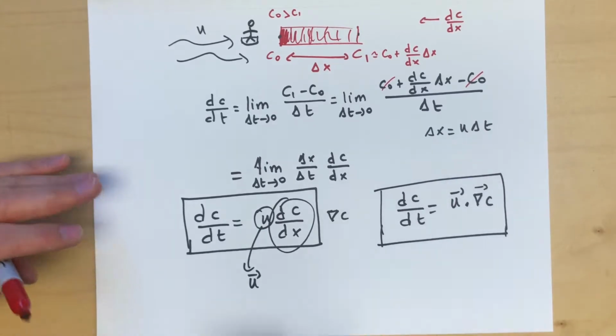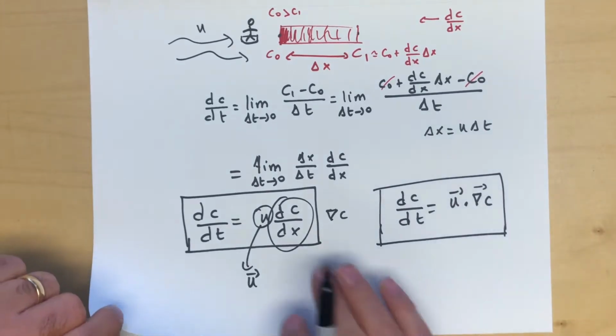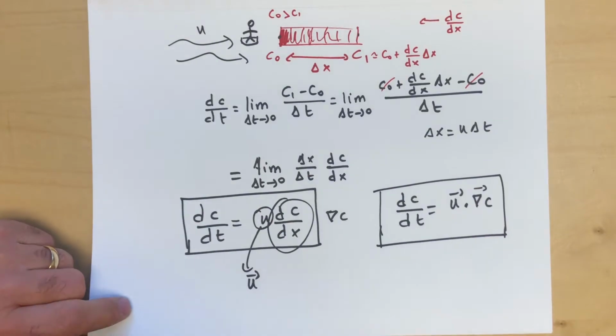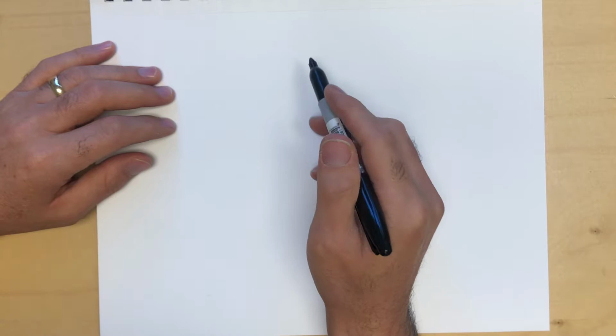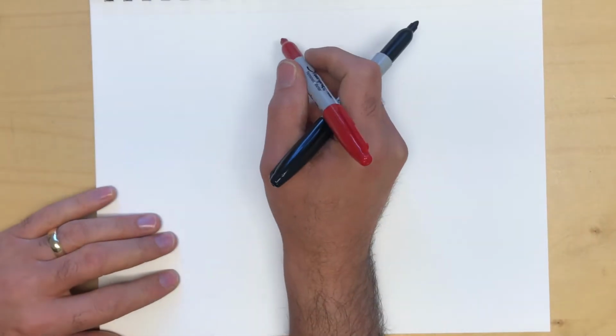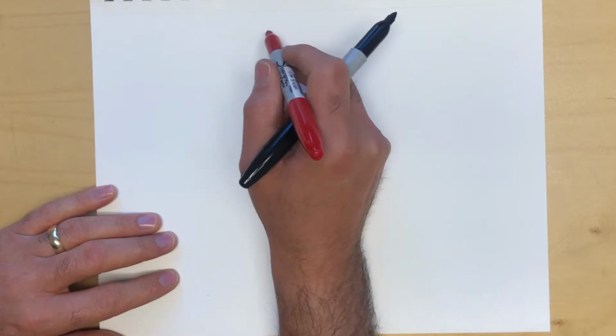Now we haven't said anything about the change in time. So now we're going to go back to the same river, and we're going to assume that not only is the concentration changing in space, but that it is also changing in time. So now there's going to be a gradient in space from C0 to C1, and there's also going to be a gradient in time, because C0 and C1 are changing in time.